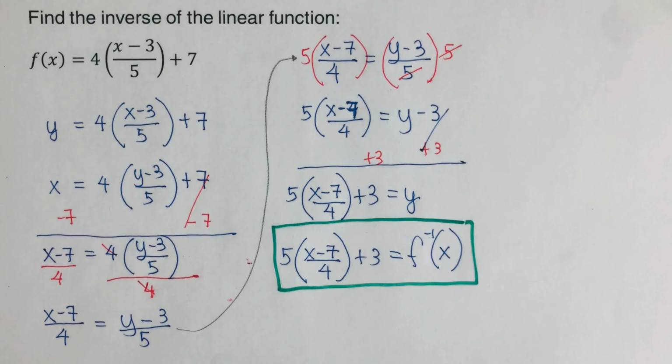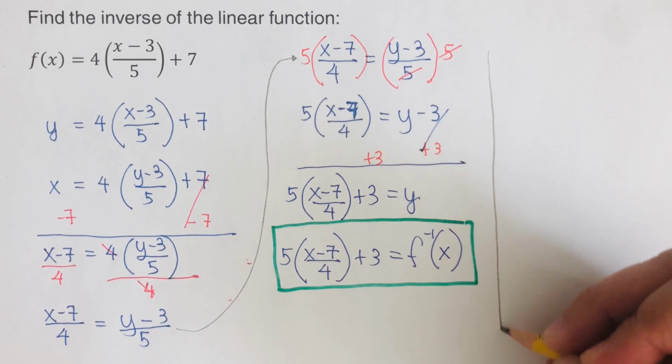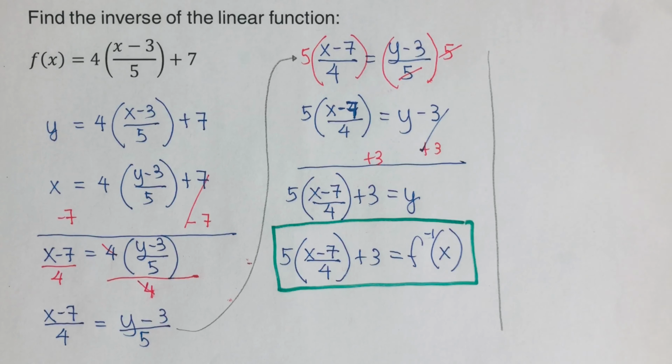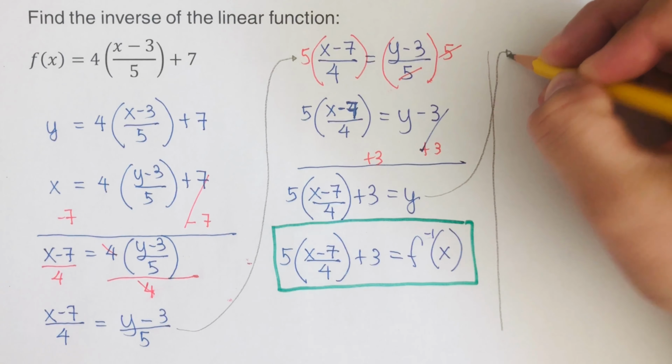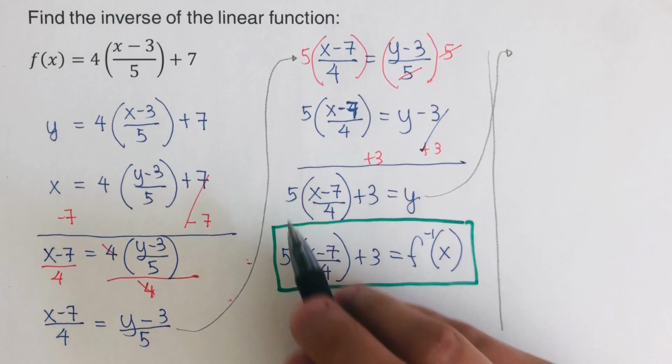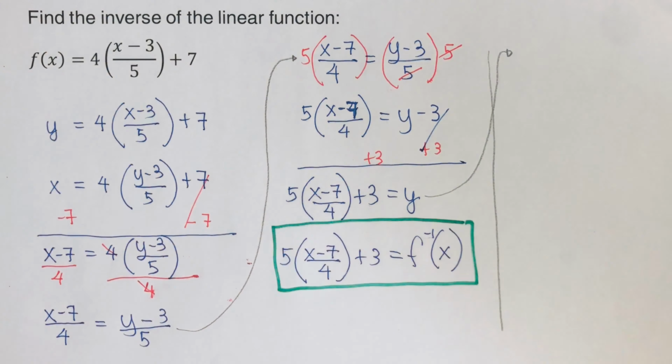Now, if we want this in slope-intercept form, I'm going to show the work up here. Slope-intercept form means y equals mx plus b form. So what we are going to do is use this part right here. I'm just going to rewrite this.